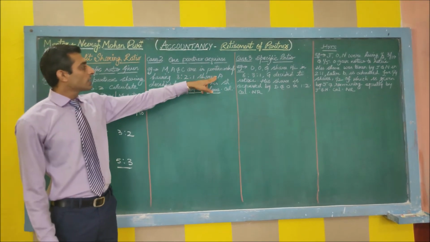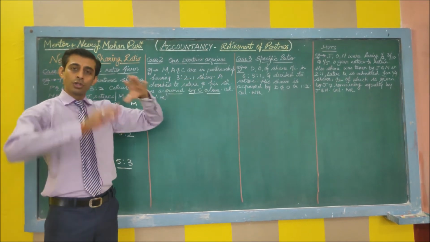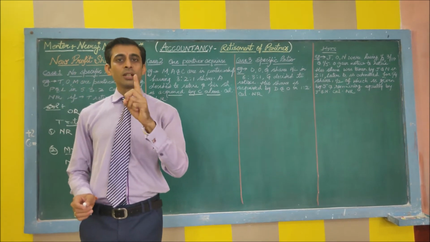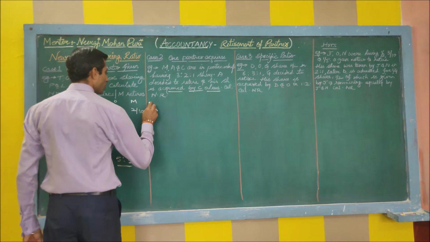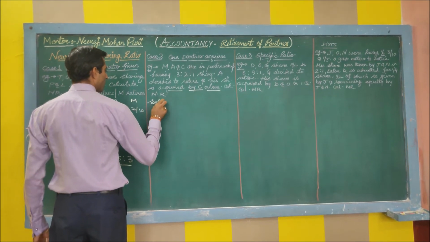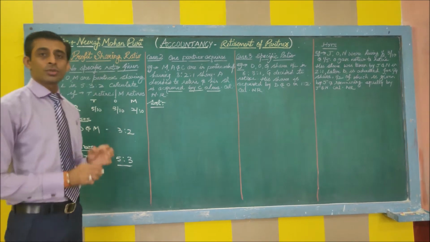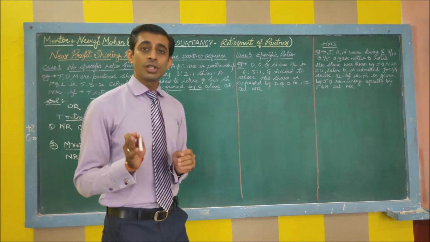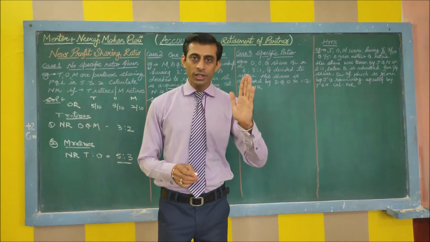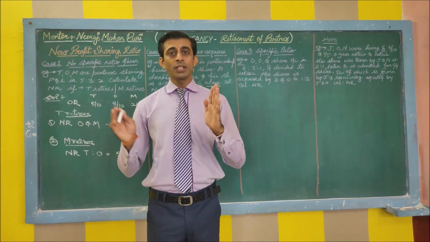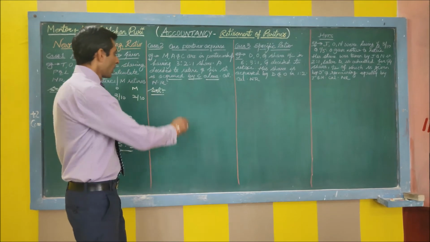Means A decided to retire and his complete share is acquired and taken up by only single partner. In this situation, again very simple case. The funda of new profit sharing ratio is very simple. New profit sharing ratio means old share plus share acquired. Old share plus share acquired.